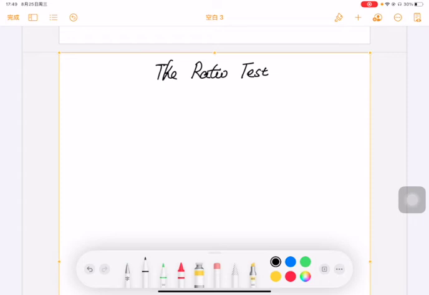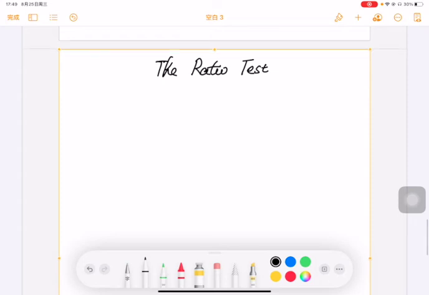Now let's look at the ratio test. The statement of the ratio test is given as follows. Let me write this in red. Let the infinite series have non-zero terms.